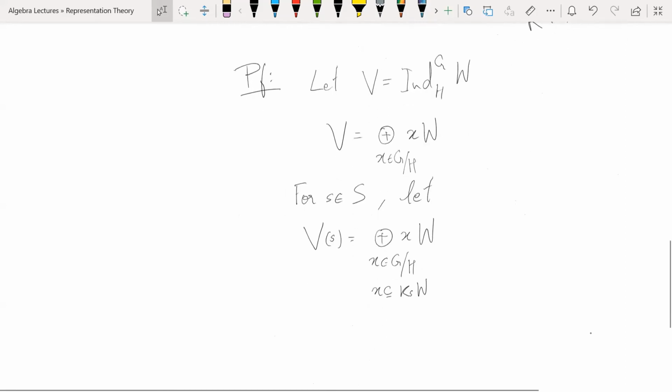So Vs is a subspace of V, and of course it is stable under the K action.